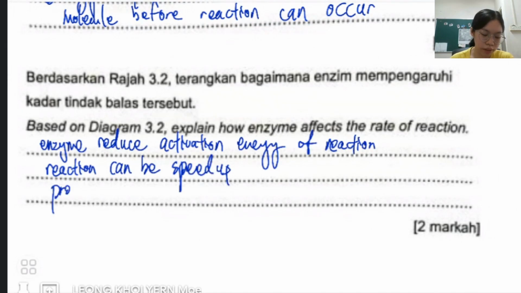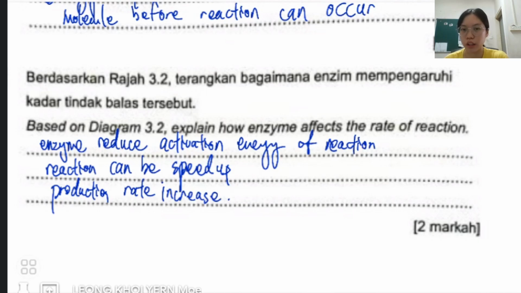That's the reason why the production rate will increase, or you can say the number of products increases, because more substrates are able to overcome this low activation energy to form products. Or you can write it as more products formed.